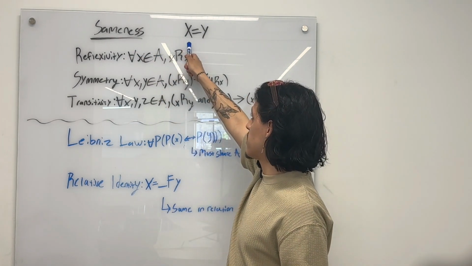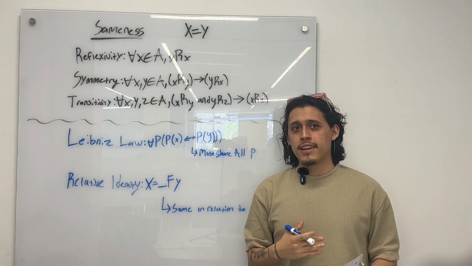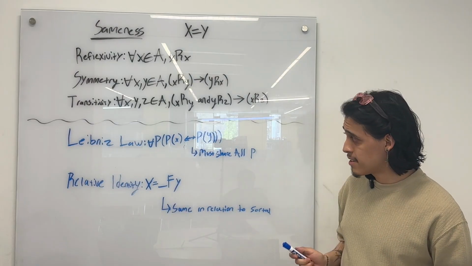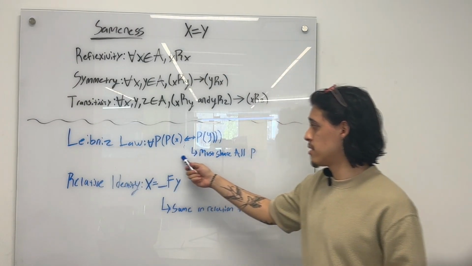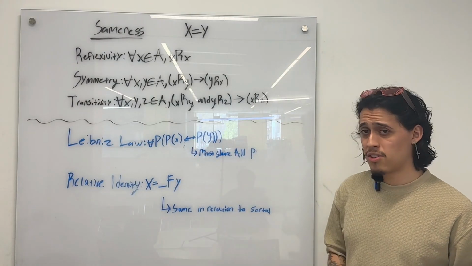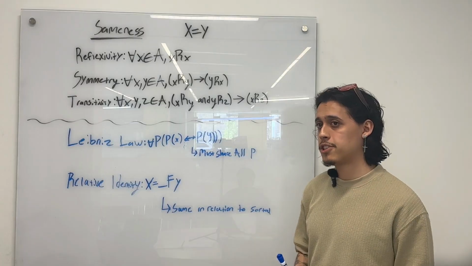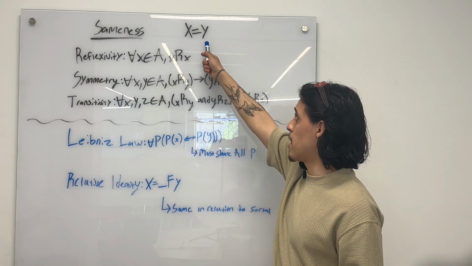So we say X equals Y. And it's important to understand that when we say X equals Y, we are not necessitating as a default Leibniz's law. Okay? Leibniz's law is a specific clarification and interpretation of what it means for X to equal Y.